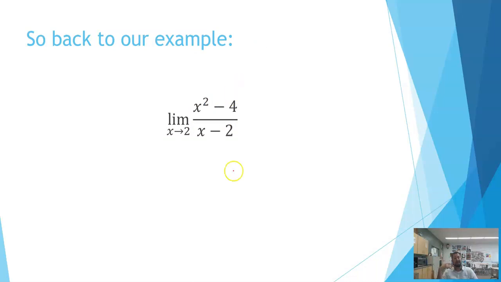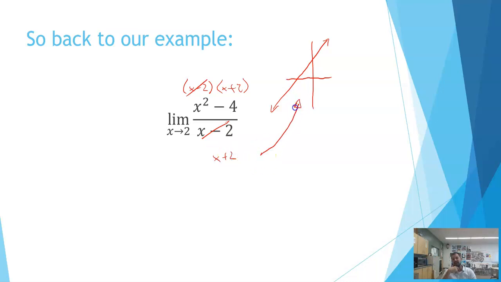And the way that we find it, or at least the way we find it right now, and we'll learn a different way later in the class, is we say, you know what? That graph that I looked at before looks exactly like a line. And the reason why it looks like a line is if I factor this down and cancel out the like terms from the top and the bottom, I am left with x plus 2, which is exactly what this graph looks like, except it doesn't have a hole in it.